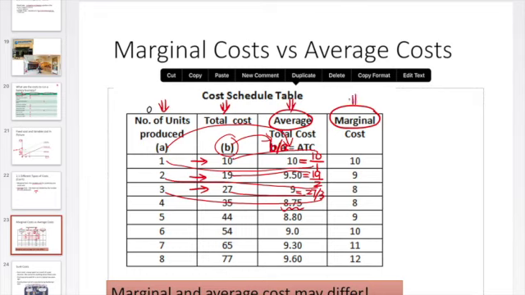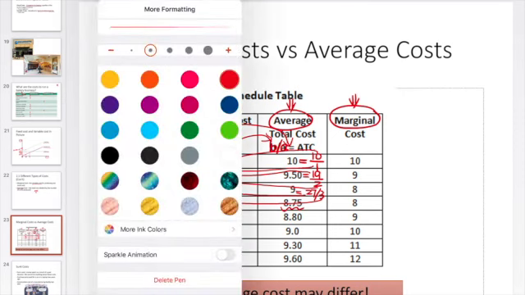And also you want to calculate the marginal cost. Marginal cost is just the additional cost to produce that one more unit. If you produce 0, the cost is 0. But if you produce 1 item, let me change to another color.